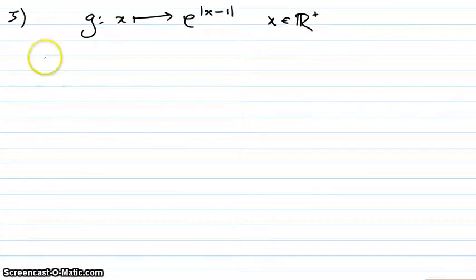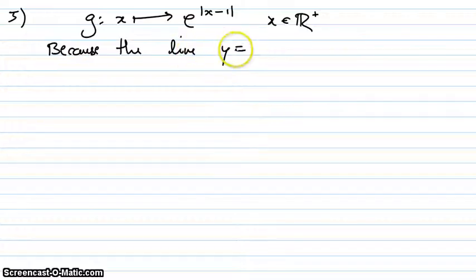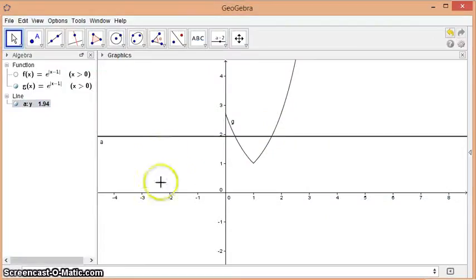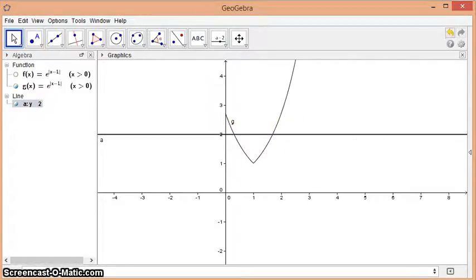We should say g inverse does not exist, because the line y equals 2, now choose something between 1 and e, so 2 is a fairly good choice here, so we can use y equals 2.